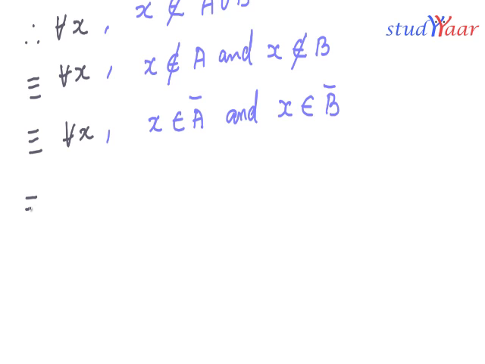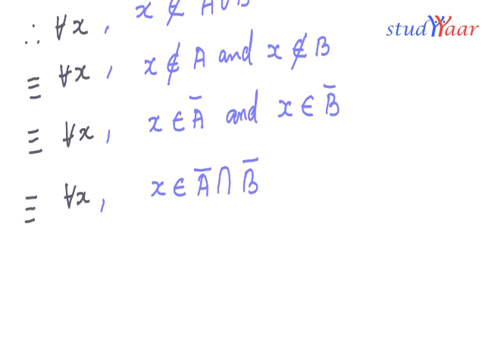Now this is equivalent to saying that for all X, I'm going to replace AND with an intersection. For all X belonging to A complement intersection B complement.